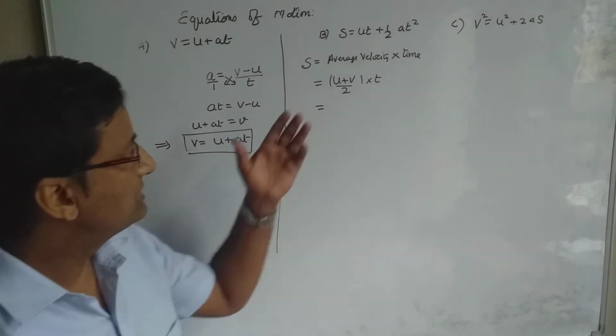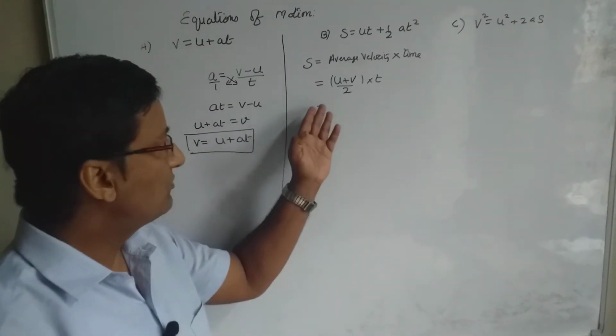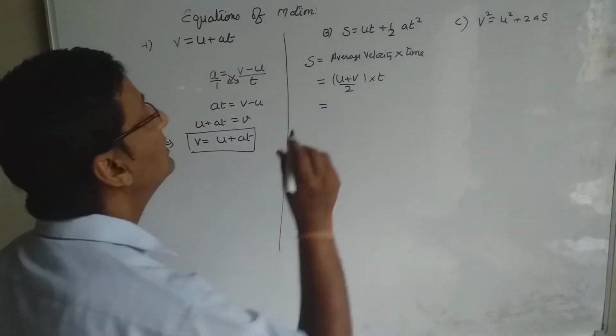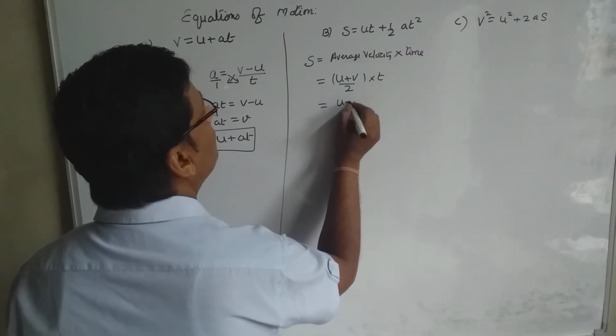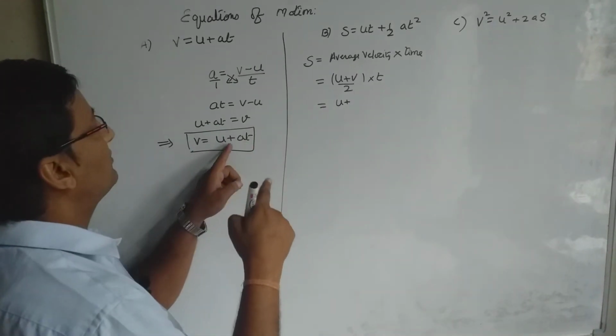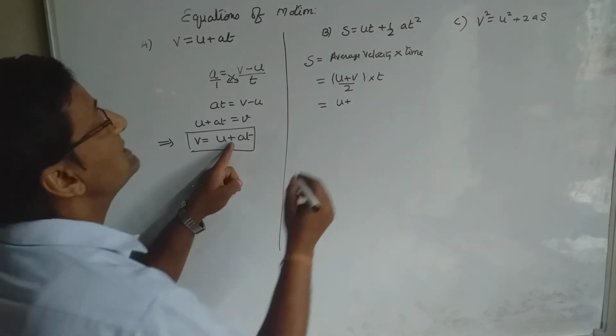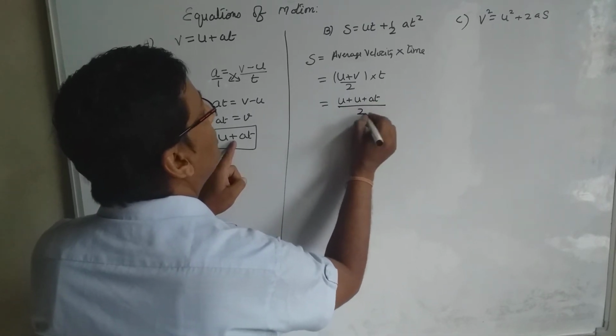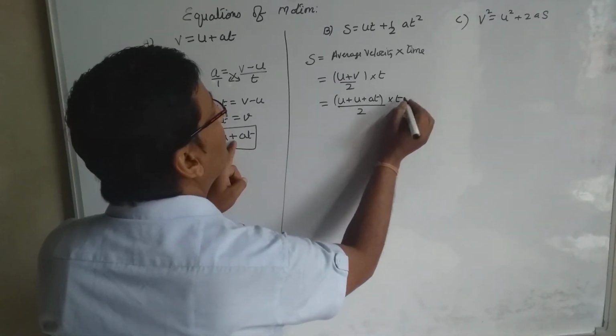What is the average velocity? Initial velocity plus final velocity divided by 2 will give you average velocity. Now what is the value of V? We can put it from here. The value of V is U plus AT. So again, U plus U plus AT divided by 2 into T.